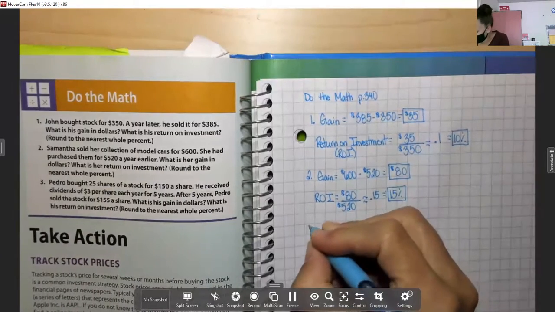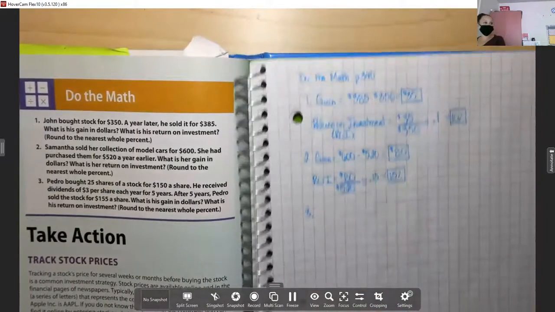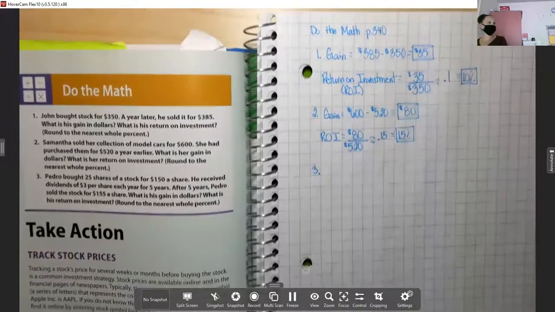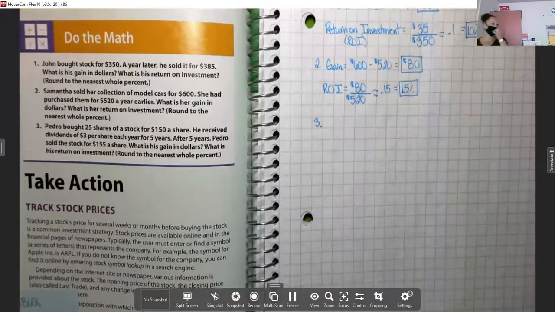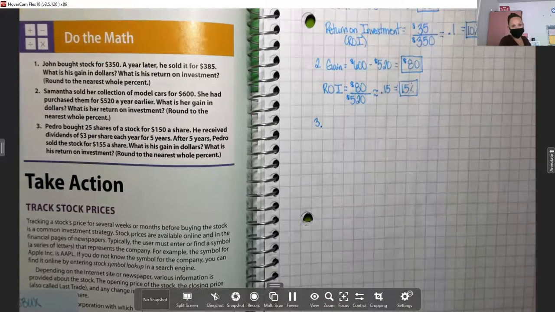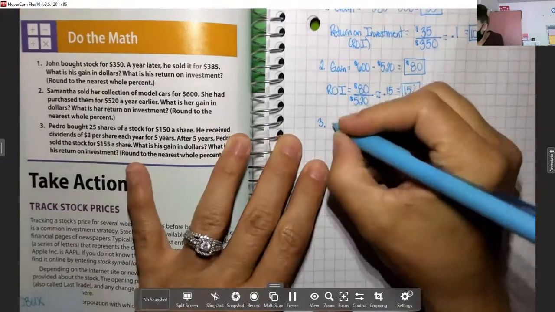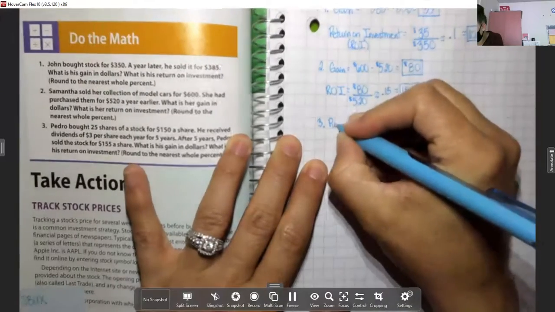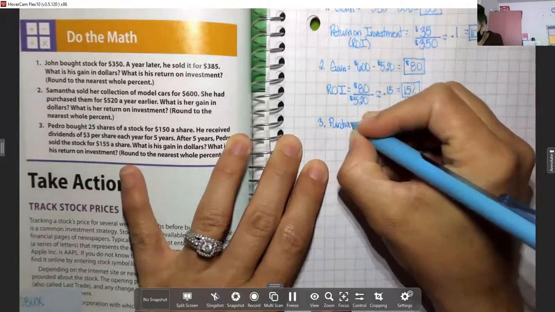All right, and then number 3, this one has a little bit more to it. Pedro bought 25 shares of a stock for $150 a share. He received dividends of $3 per share each year for 5 years. After 5 years, Pedro sold the stock for $155 a share. What is his gain in dollars and what is his return on investment? So the first thing we need to find is the purchase price.